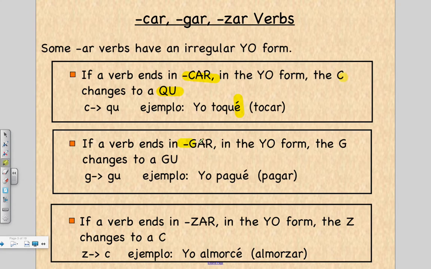For GAR verbs, in the yo form only, the G changes to a GU. Okay? So pagar, the yo form is pagué. And then for ZAR verbs, in the yo form, the Z is going to change to a C before the E. So almorcé. Again, this is review.